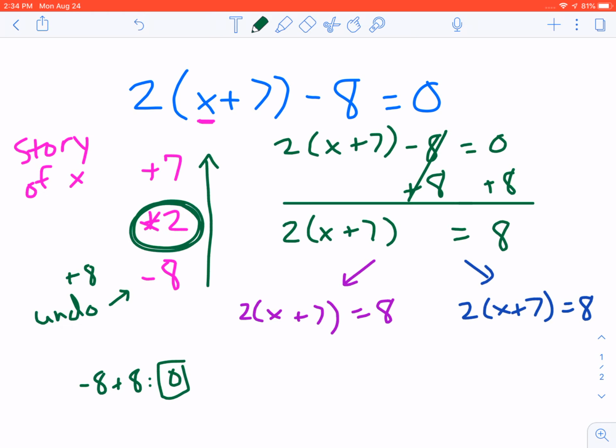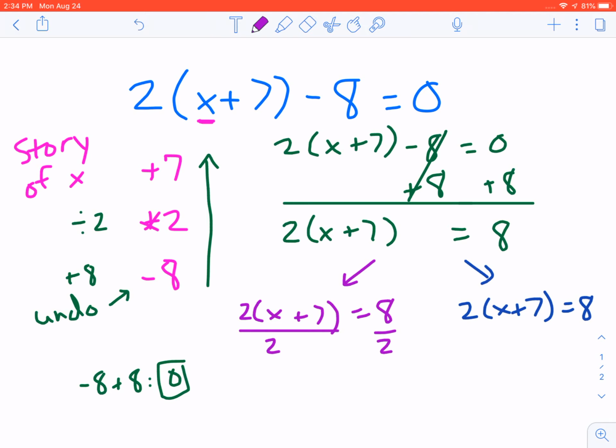The way that I would undo multiplying by 2 is to divide by 2 on both sides. So we are going to divide by 2. Now I know for a lot of people, as soon as I draw that as a fraction line, please understand that every fraction is really just a division problem.